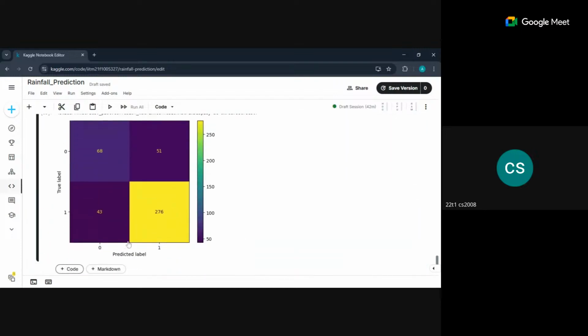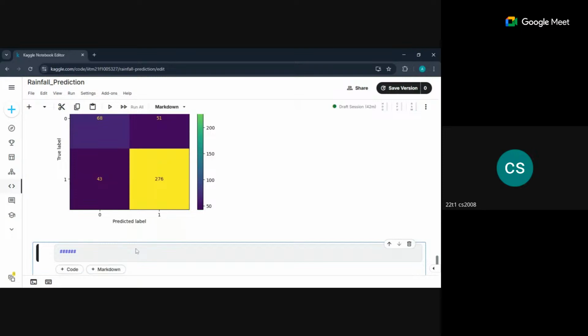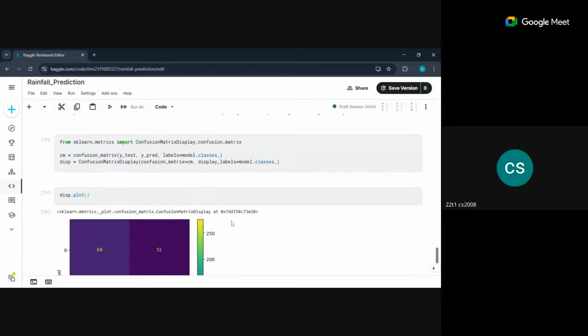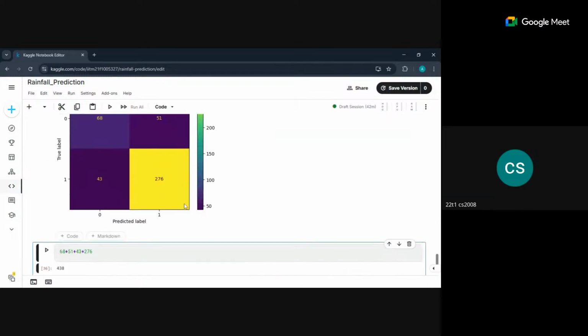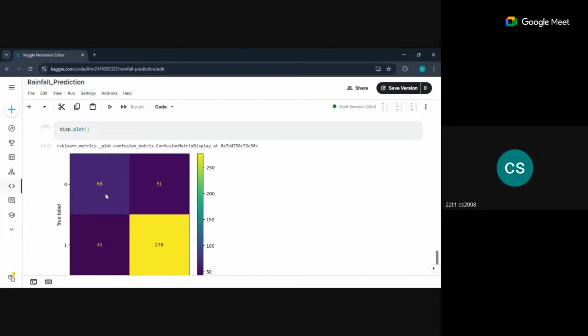Let's do this. 68 plus 51 plus 43 plus 276. Okay, there are 438 points. What mistake are we making with the two labels?